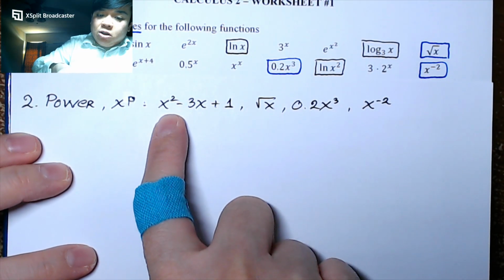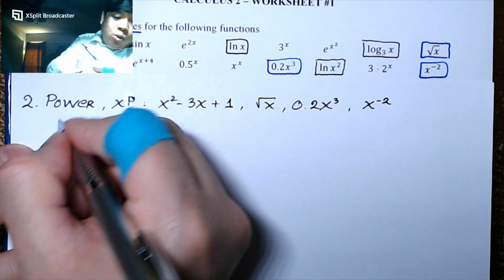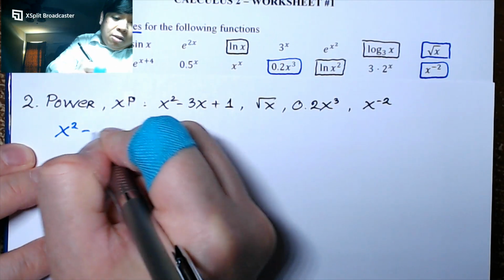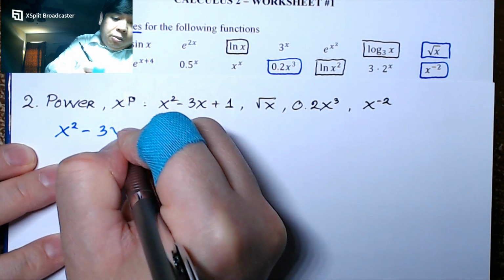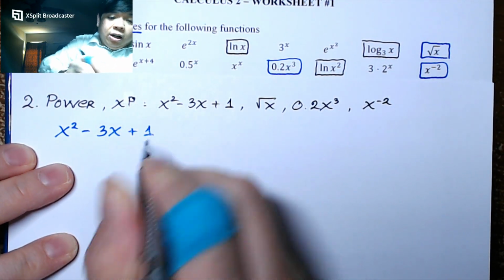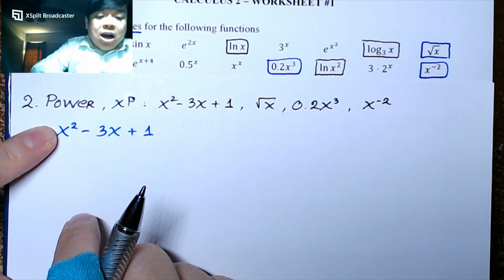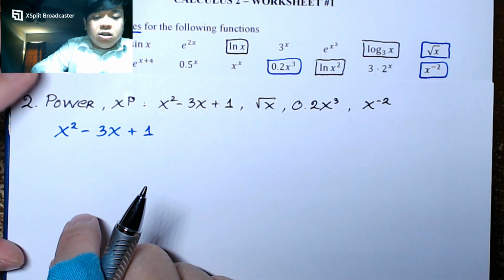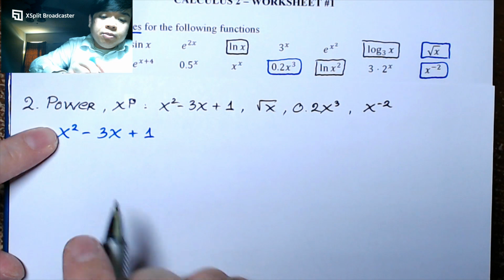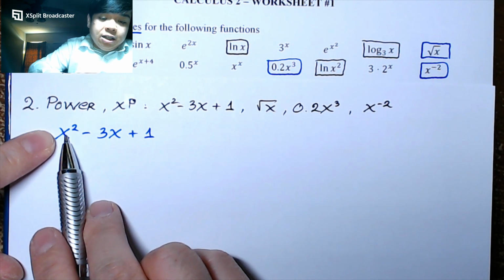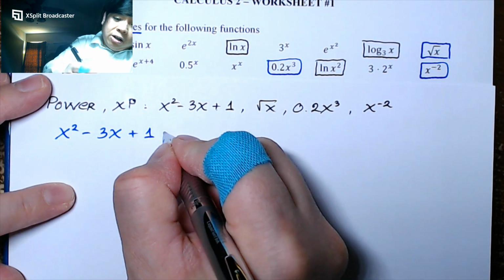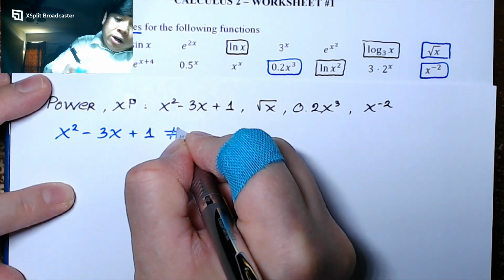Now, let's look at this first. We have x squared minus 3x plus 1. Well, only the one with the highest power, the fastest term, matters. So in this case, we say this is the fastest term, and that determines the rate. So we say this is comparable to x squared.